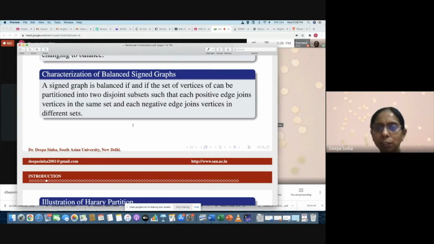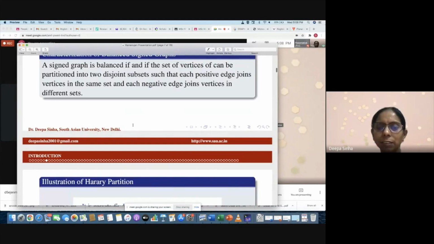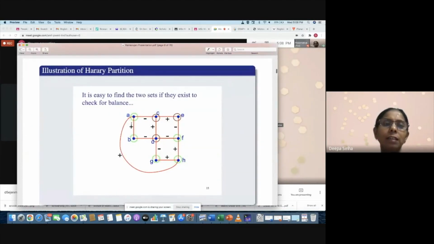Positive edges will join the vertices in the same set and negative edges will join the vertices in different sets. So like here, all the green circles are joined by positive edges, which are in the same set. Green circle vertices can be kept in one set and red colored vertices can be kept in the other set.